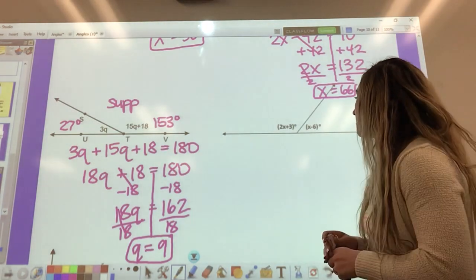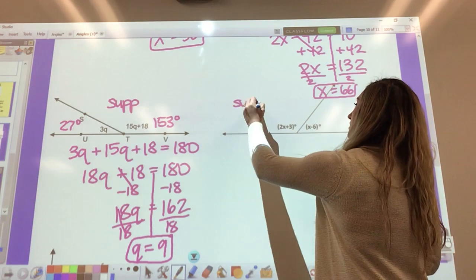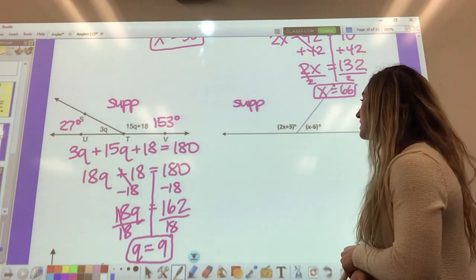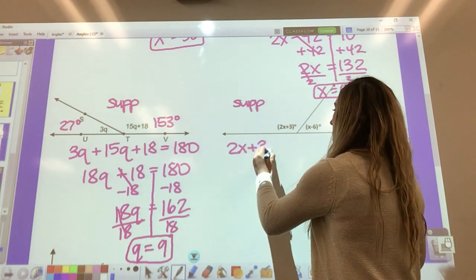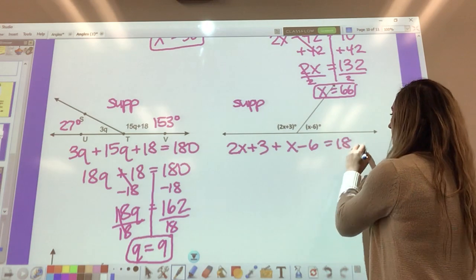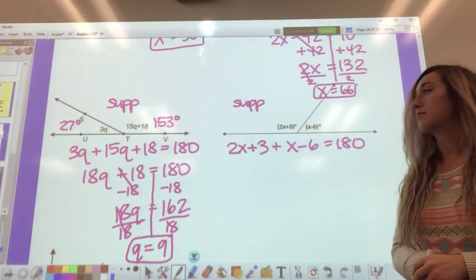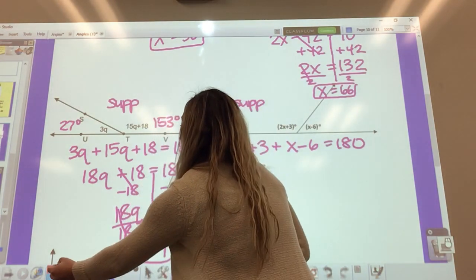All right, over here, same thing. These are supplementary, meaning they add up to 180 degrees. So I'm going to set up an equation like that. I'm going to add 2x plus 3 plus x minus 6, and those add up to 180 because I know those are supplementary. There's a couple sets of like terms here.